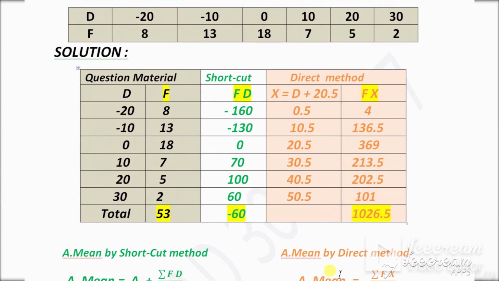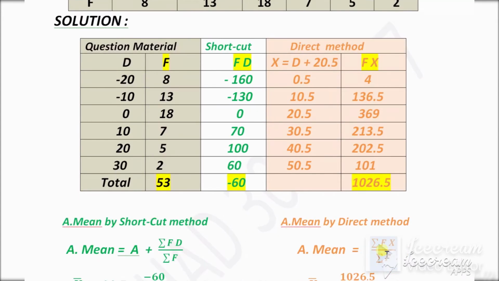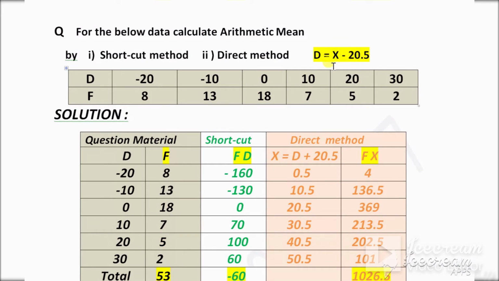Now for the direct method, the formula is summation fx divided by summation f. So first find x. How do we find x when d is given in the question? Solve mathematically.